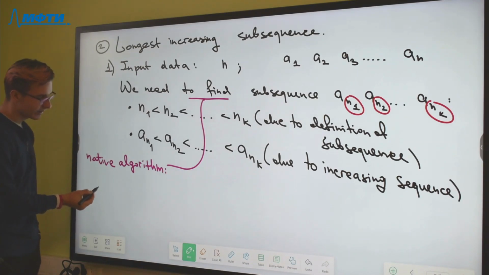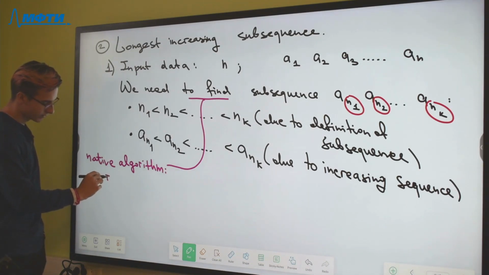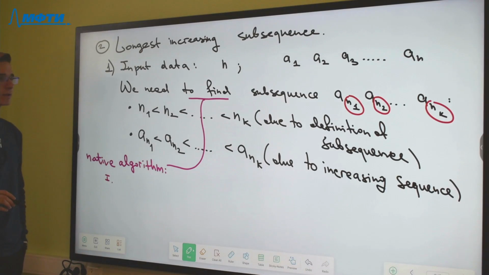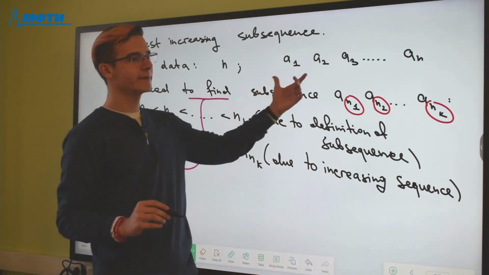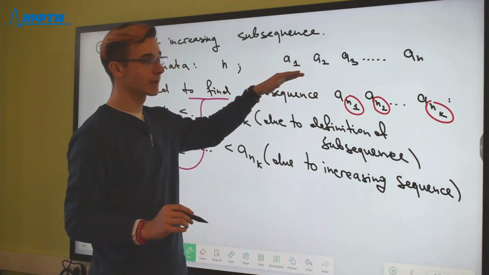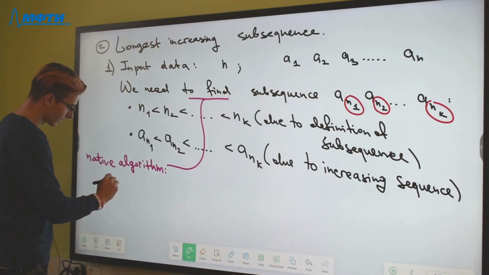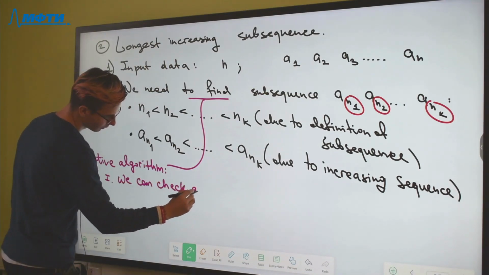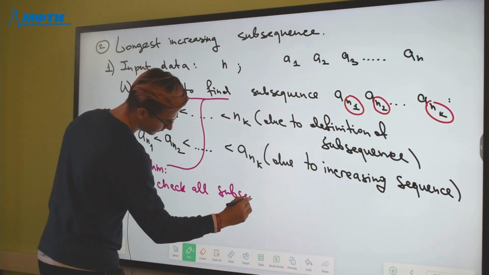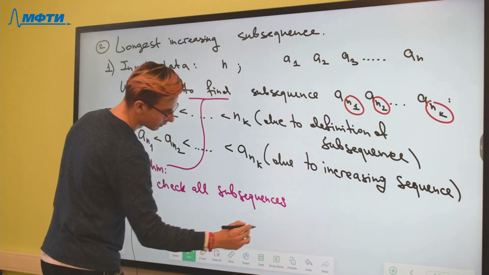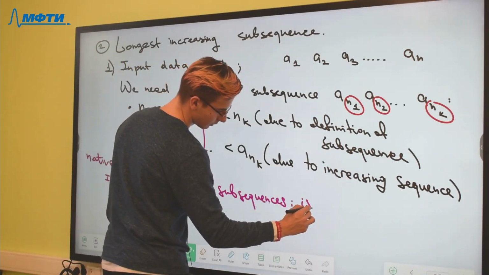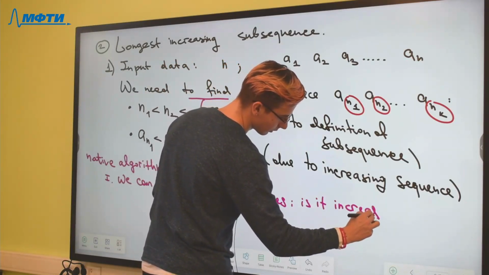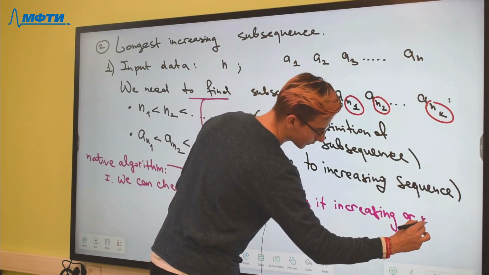Firstly, I can say that there is an exponential algorithm: we can check all the subsequences of this sequence and check whether each one is increasing or not.